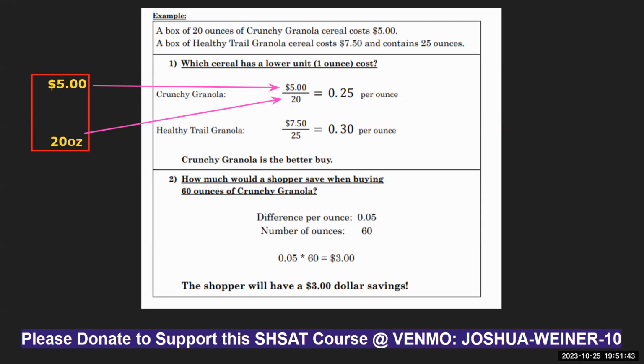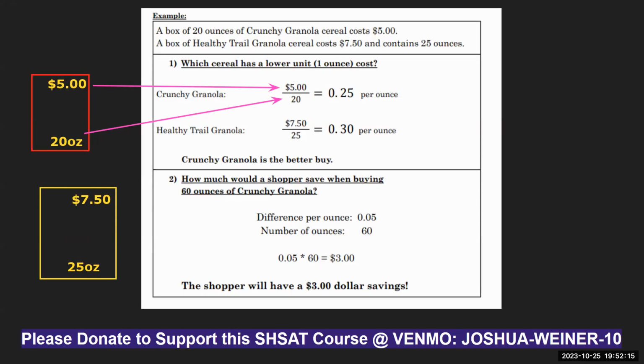There's another company that's also selling granola, and that's Healthy Trail. So you go and pick up a box of Healthy Trail. The price on top of the box will say $7.50. But the amount of granola that you'll get is 25 ounces. So we express that the same way.